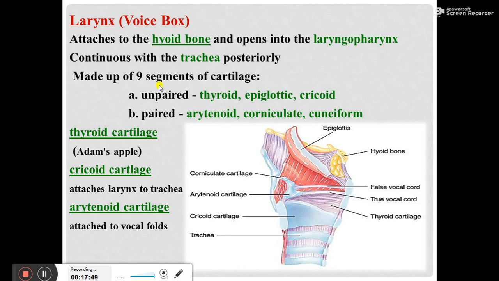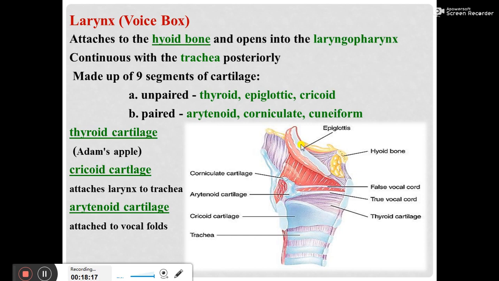The larynx is made up of 9 segments of cartilage. These 9 cartilages are unpaired and paired. The unpaired cartilages are thyroid, epiglottic and cricoid. You can see the cricoid cartilage here, thyroid cartilage here, and epiglottic cartilage here. These are unpaired, that means they are present singly.